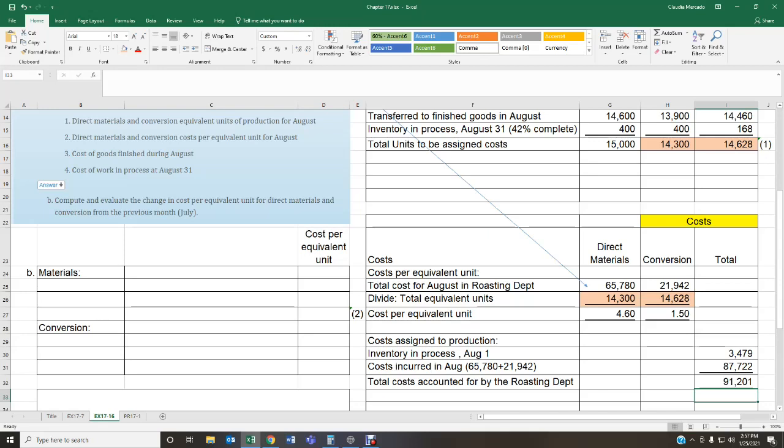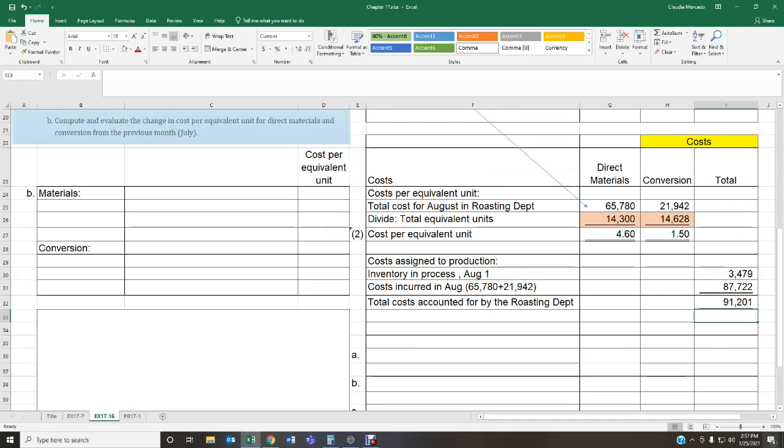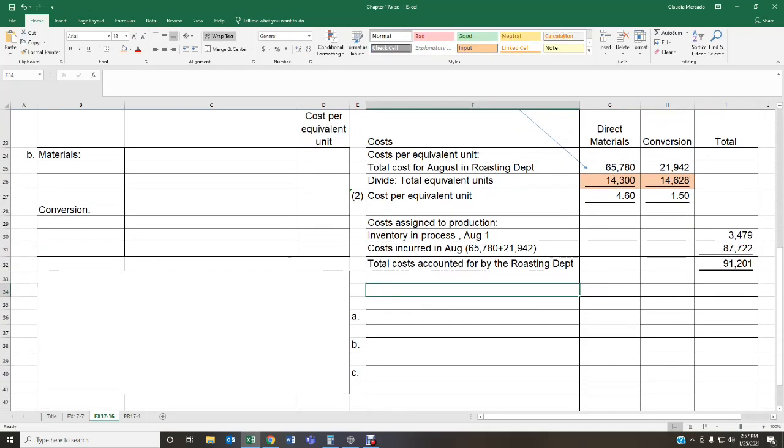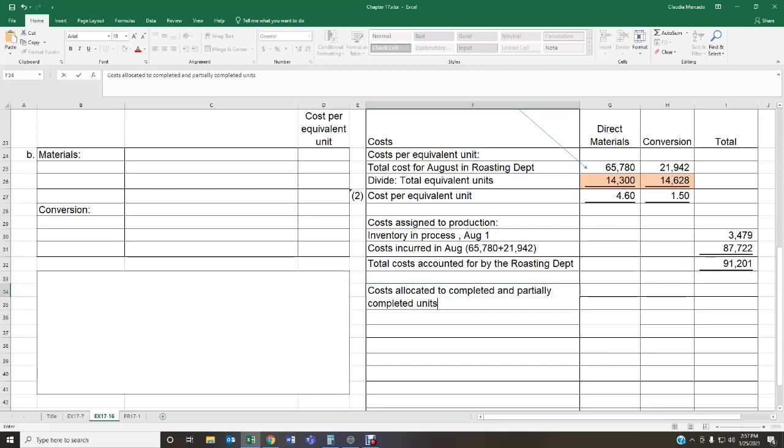Now we're going to allocate some costs. Here we have our costs allocated to completed and partially completed units.